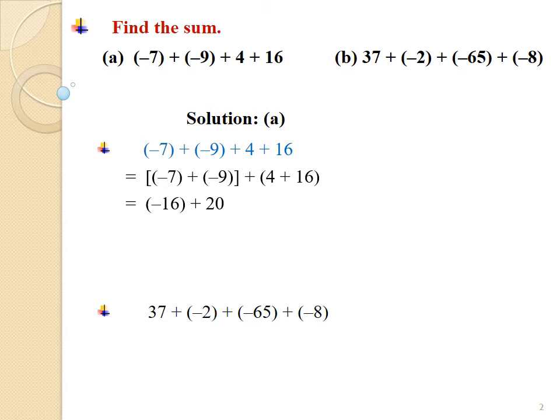Students, now we have to subtract as one integer is negative and one integer is positive. That is, minus 16 is negative integer and 20 is positive integer. So, we have to subtract. Thus, subtracting 16 from 20 as a whole number, by ignoring minus sign, we get 4.